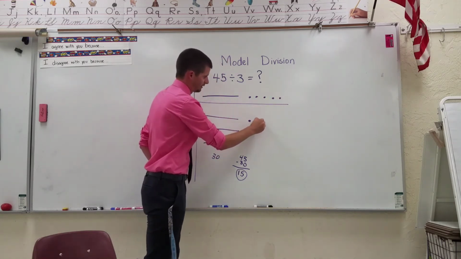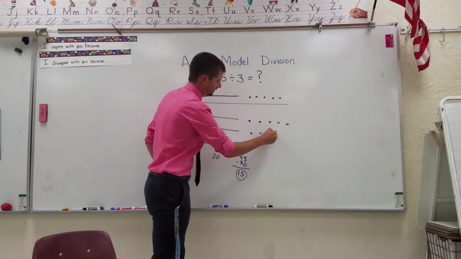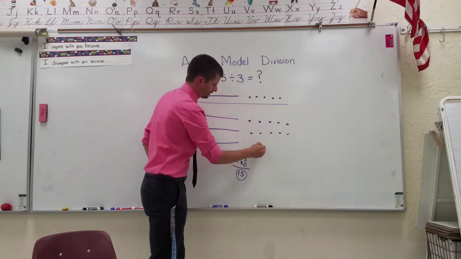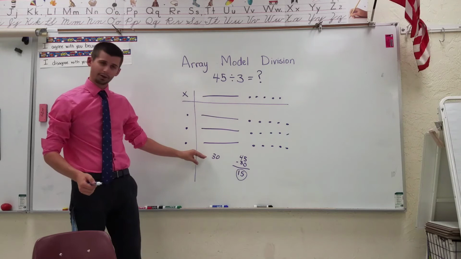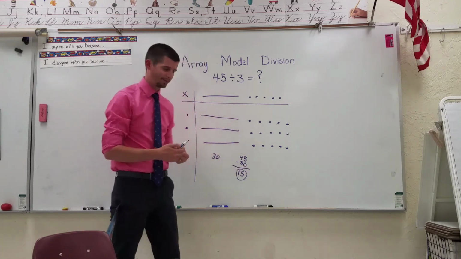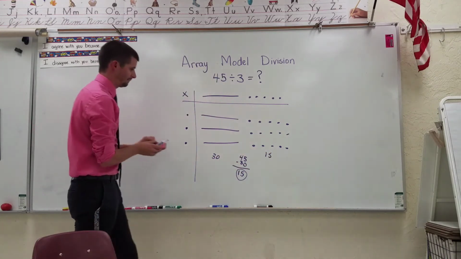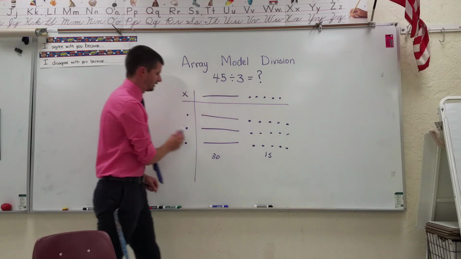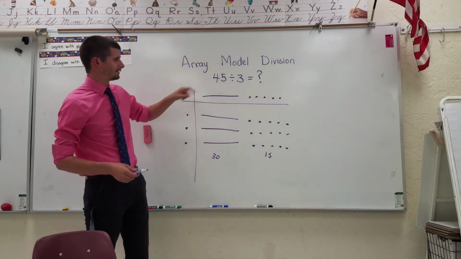So now we're going to just create our arrays. So here I had 30, here I have 15. So when I add my 30 and my 15, well, that's how I get my 45, my dividend.